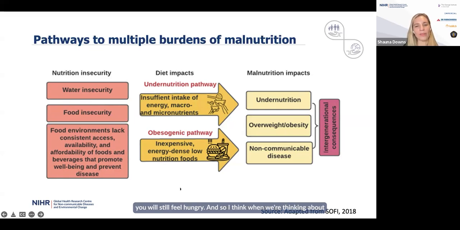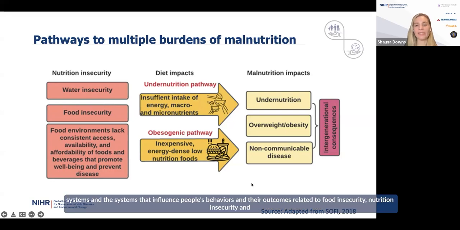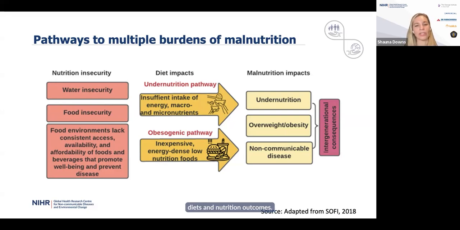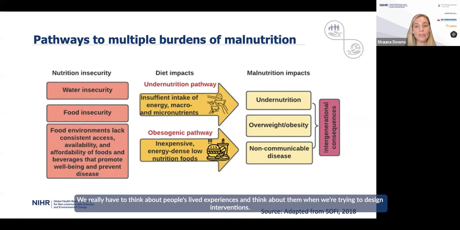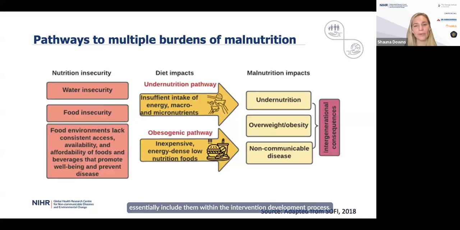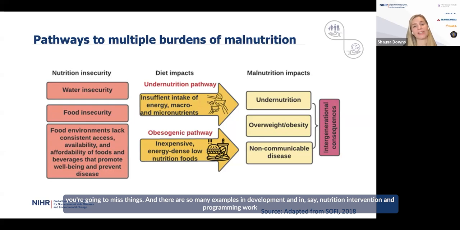And so when we're thinking about systems and the systems that influence people's behaviors and their outcomes related to food insecurity, nutrition insecurity, and diets and nutrition outcomes, we really have to think about people's lived experiences when we're trying to design interventions and include them within the intervention development process. Because otherwise, if you're not thinking about the broader picture, you're going to miss things.